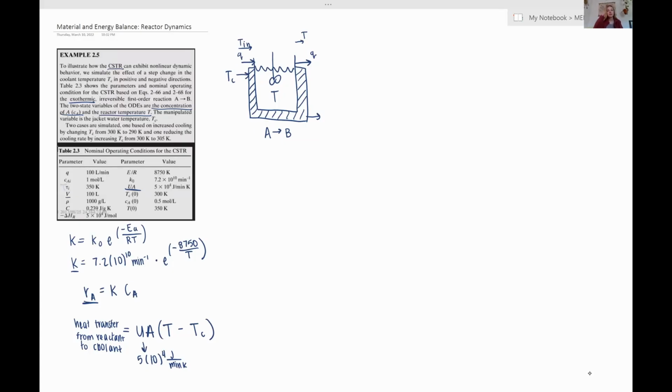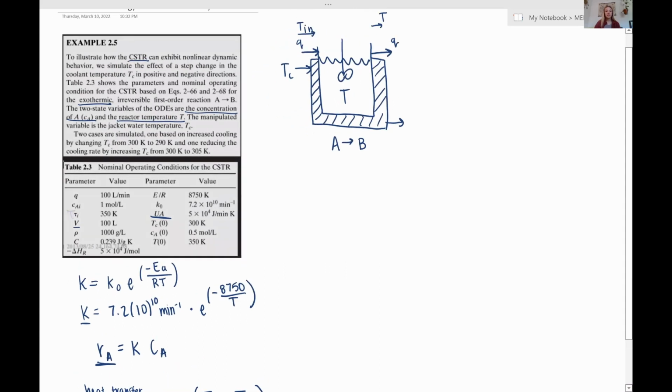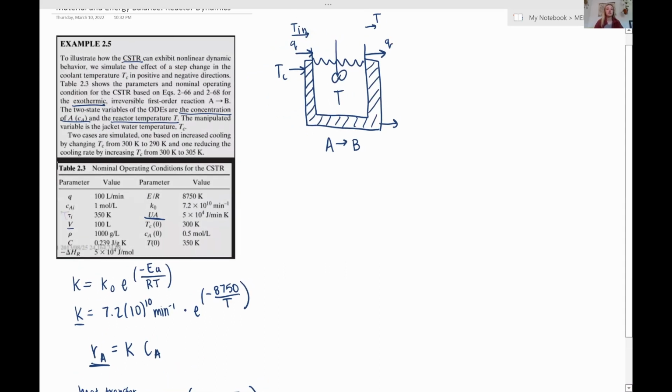Now we're going to begin coming up with differential equations to solve for our change in concentration of A and our reactor temperature T. Always when we're thinking about material and energy balance equations, we have the same idea for every type of problem: accumulation is equal to what is going into our system, subtracted by what is going out of our system, and also subtract any rate of consumption inside of our system.